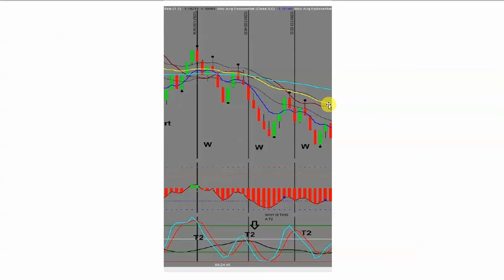So that's just something you need to consider, is has the move already moved, or are we a long way into the move? So I marked that up because to me it's close enough. Now with that being said, if that had ticked up another 2 or 3 candles, we would have had a T1 plot. Now I always recommend you enter, particularly on these ones, at the close of a candle. So yes, it has moved, it's not pristine, but it's close enough.